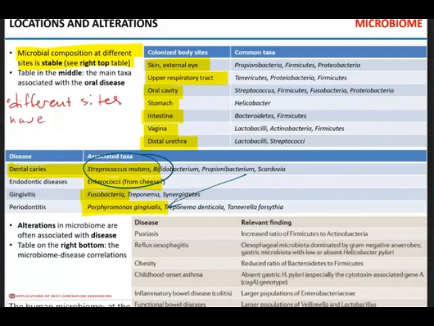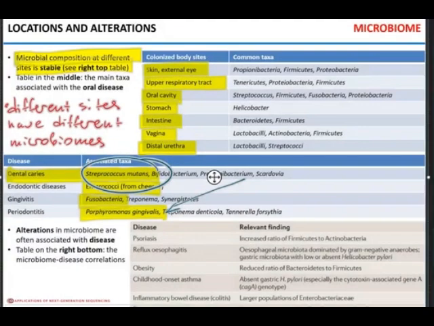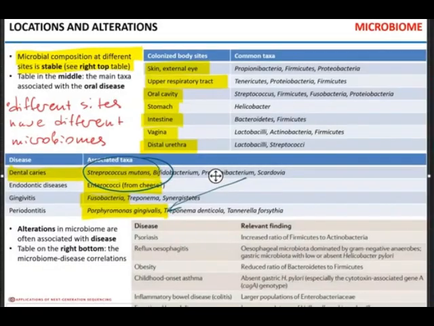Now, different sites on the same person have different microbiomes. I'm going to put it here. Sorry. So same sites are similar in different people.